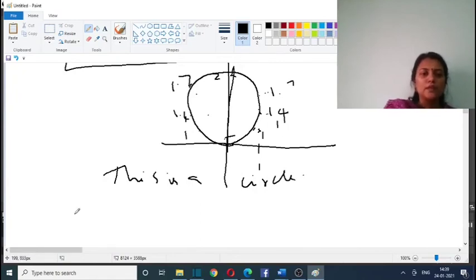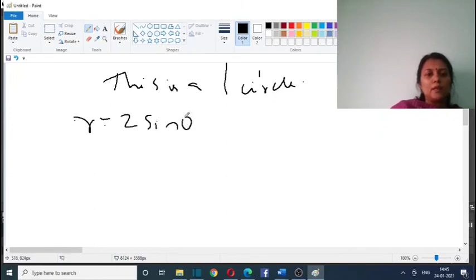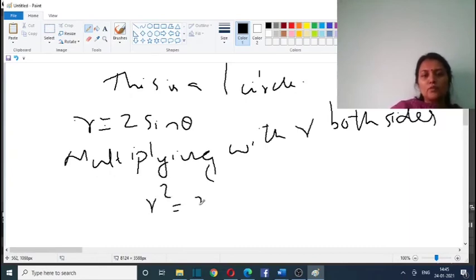Now we can convert r equal to 2 sin theta. Multiplying with r on both sides, we get r square is equal to 2r sin theta.